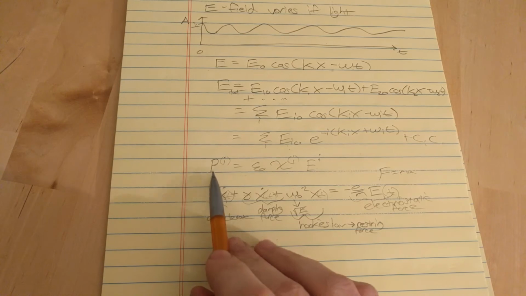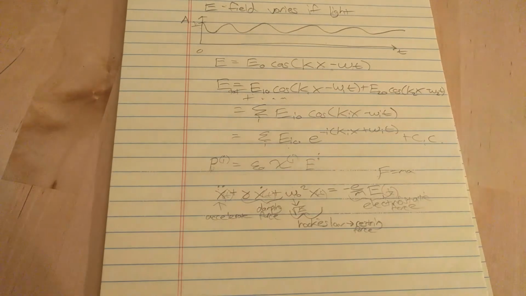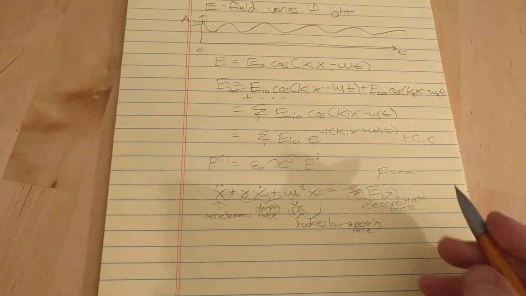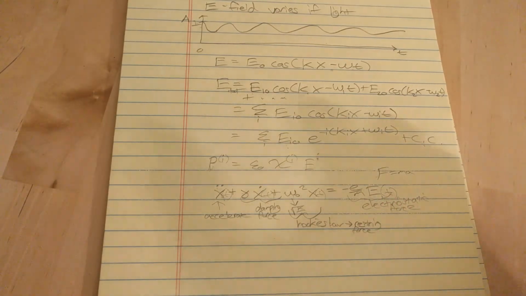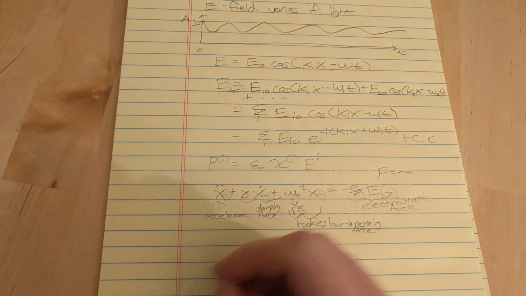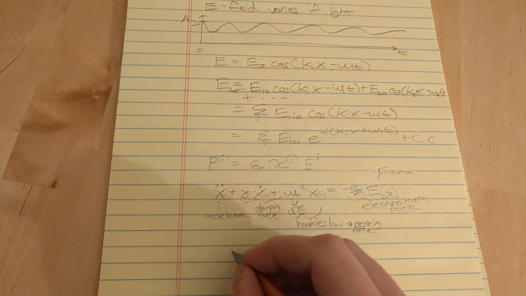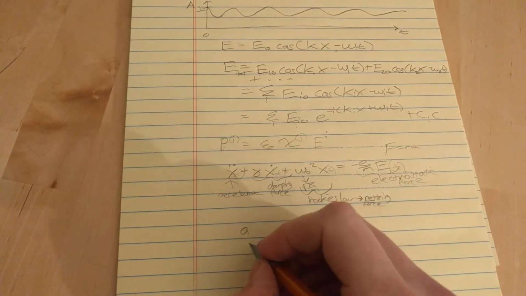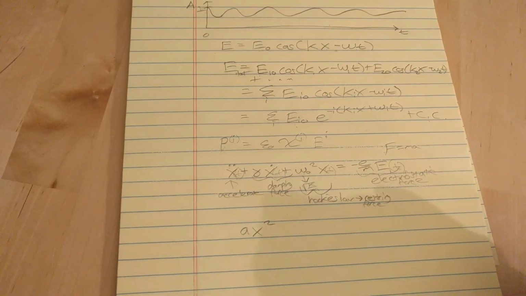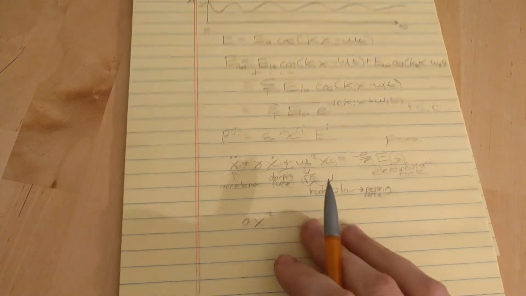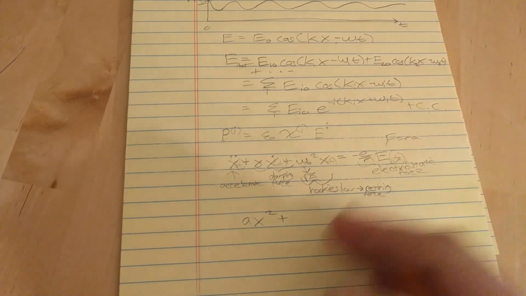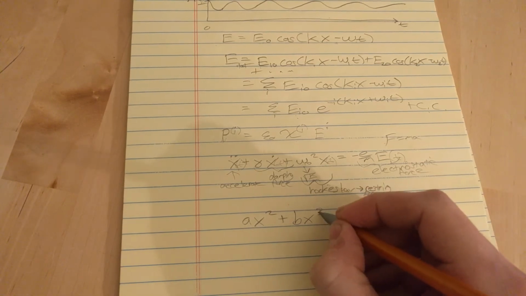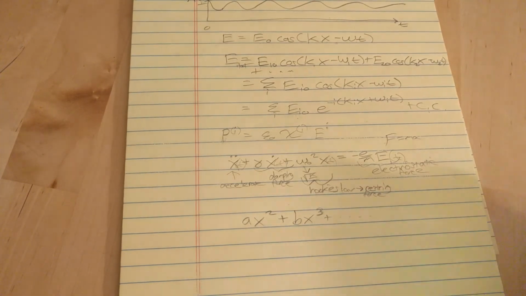And if we want to find higher order polarizations, we actually need to include another term, or terms, which are anharmonic terms, represented by some anharmonic coefficient a times x squared. Since it's anharmonic, it depends on the position squared. And for higher order terms, you could do b x cubed, so on and so forth.